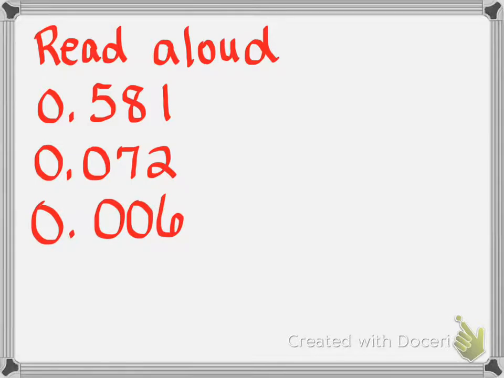How about this one? 0 and 6 thousandths. What about this one? Oh, we've got a whole number, so we're going to say 3 and 703 thousandths.